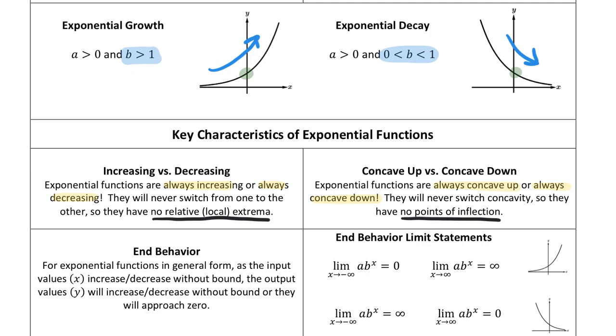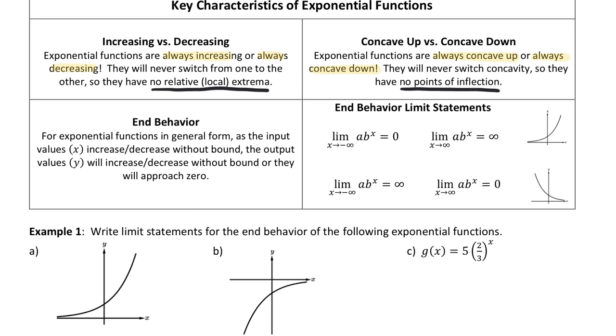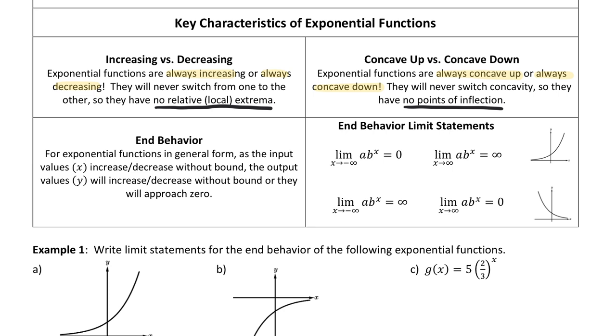We also need to be able to talk about the end behavior of these graphs. And we're going to do that in a limit statement. So these limit statements aren't necessarily always going to be positive and negative infinity like most of our rational functions were. In fact, they can't both be one of the infinities. For exponential functions in general form, as the input values increase or decrease without bound, the output values will increase or decrease without bound, or they will approach 0.